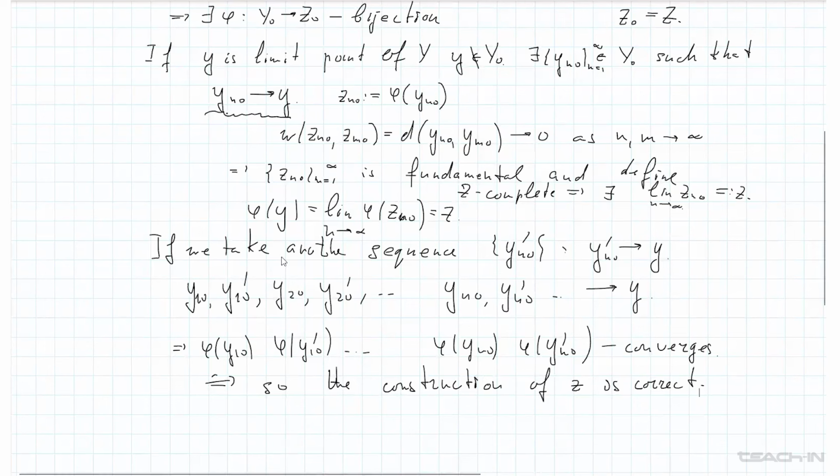So this is the end of the proof. But one remark: this construction we can't use for the norm space. The norm space is a particular case of the metric space, but this construction of completion does not preserve the linear structure.